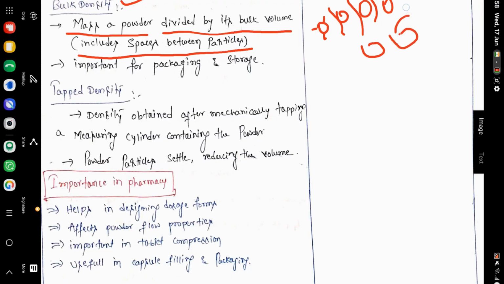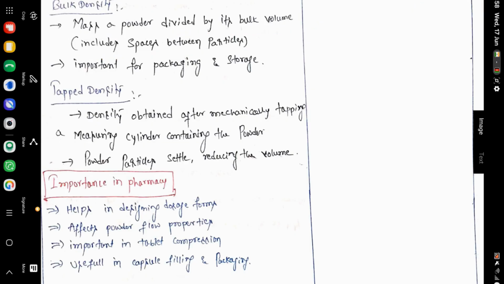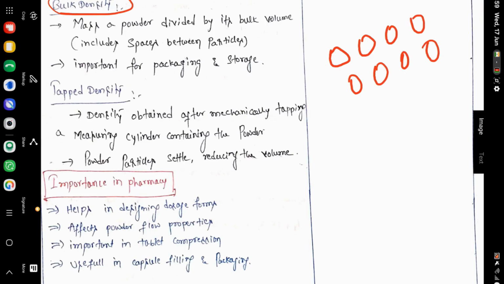But in bulk density, we consider everything: the size of the powder particle as well as the empty space and the pores present on the surface of the particle.